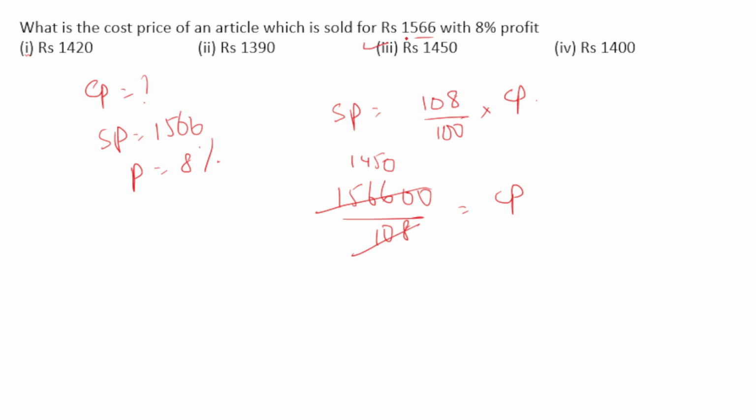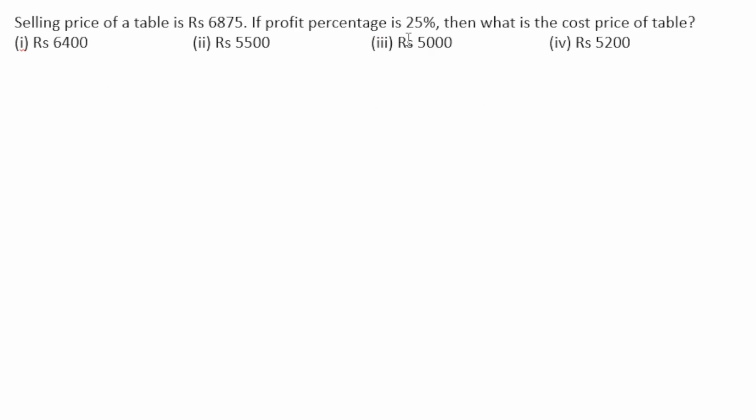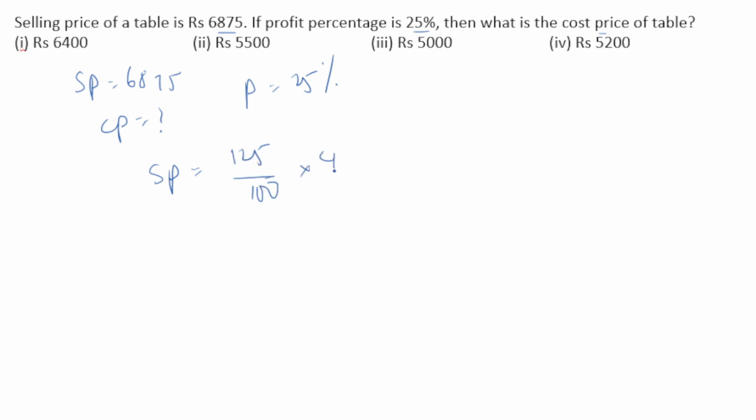It is third option. Next one, if the selling price of a table is 6875 and the profit percent is 25%, what is the cost price of the table? We know selling price is equal to 100 plus 25, it is 125 divided by 100 into cost price.